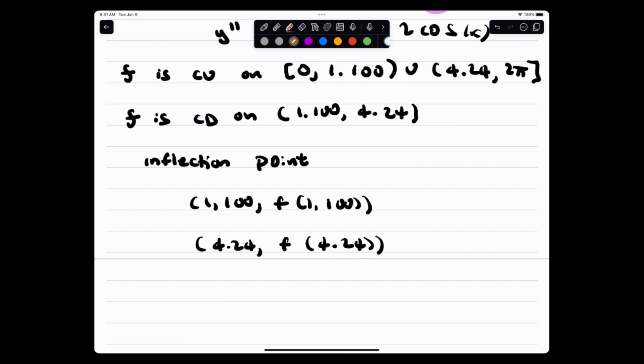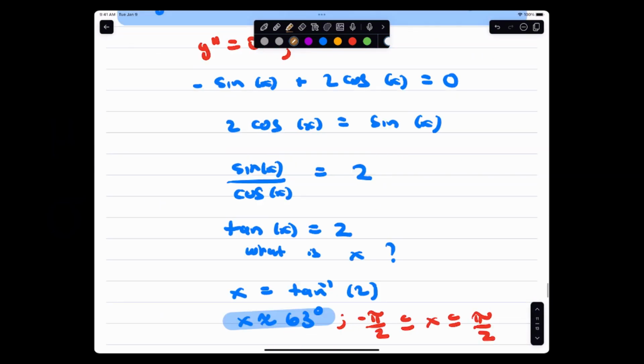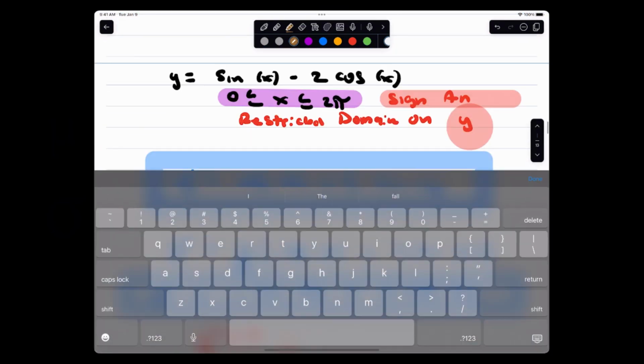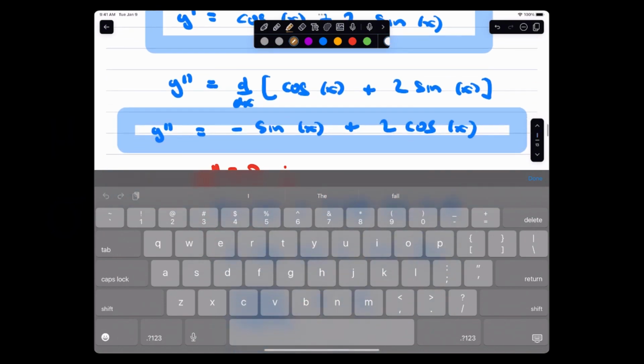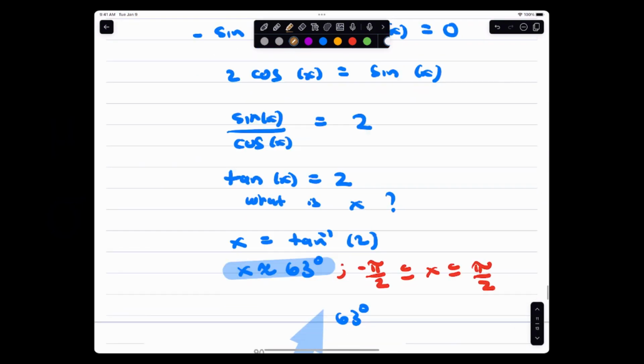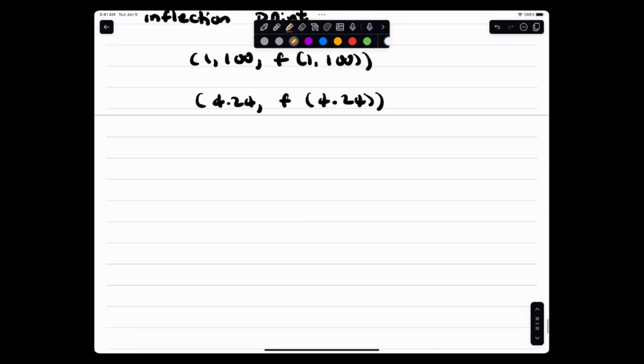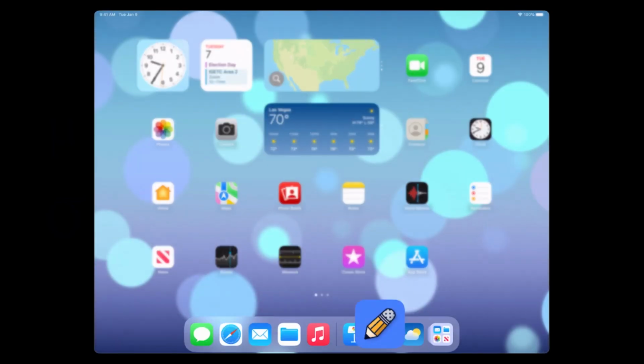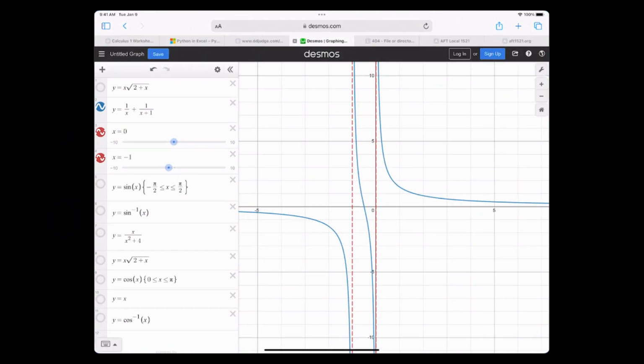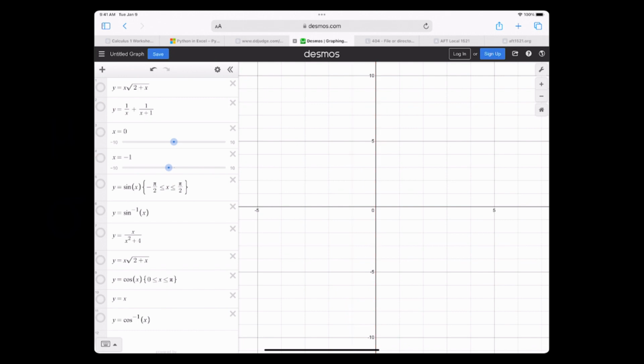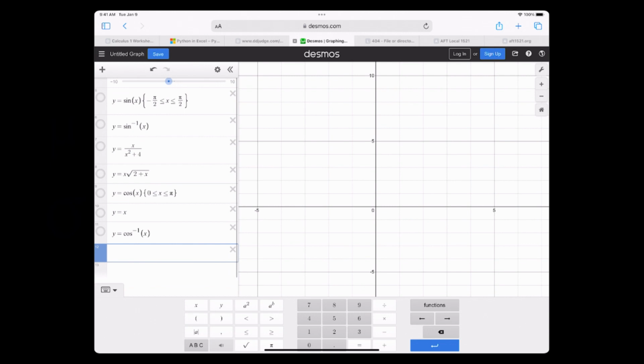Now, what was the original function? So if I go to Desmos, I might still have that sine minus 2 cosine. Do I have that? Okay, here we go.